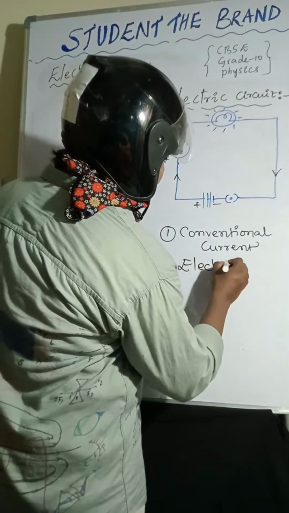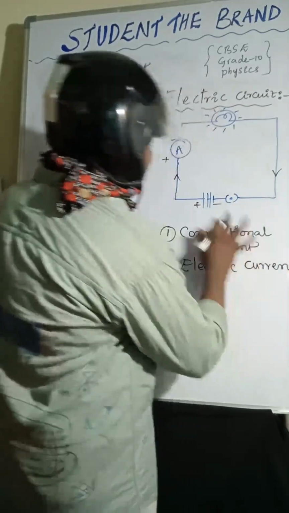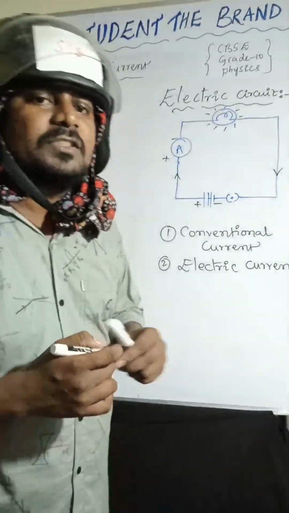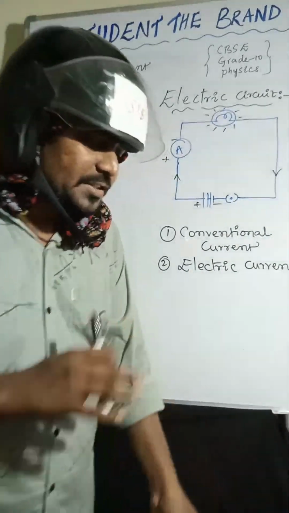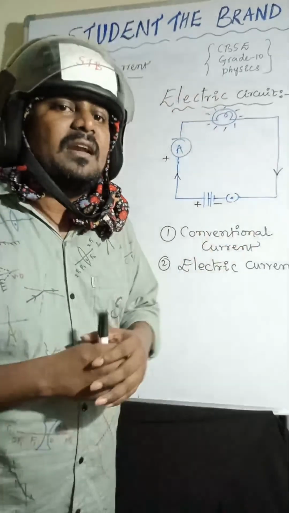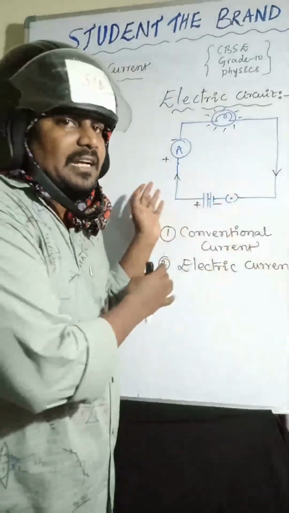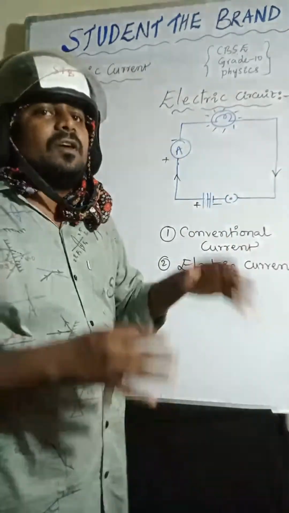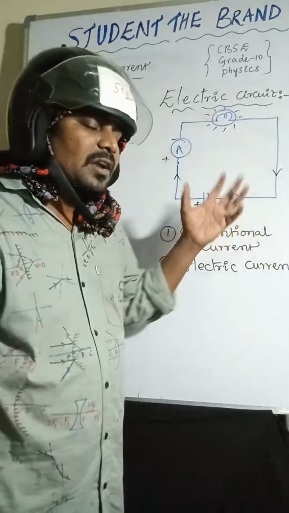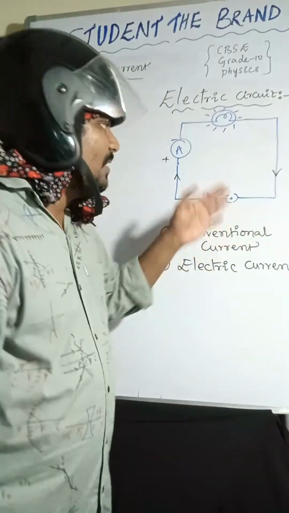Conventional current: the flow of positive charges is known as conventional current. Whenever they gave this statement, at that time we hadn't yet discovered the electron and proton. So before that they had already given the statement.